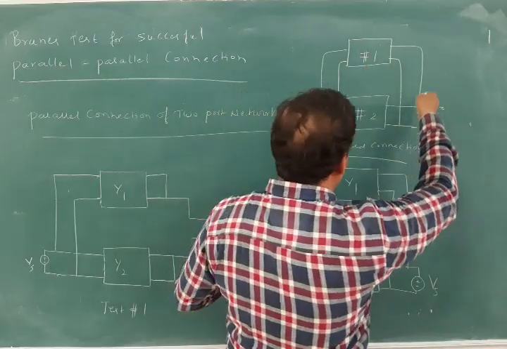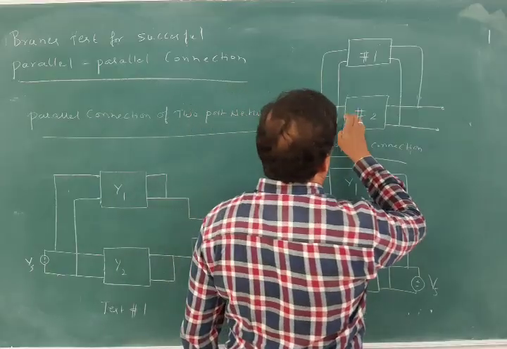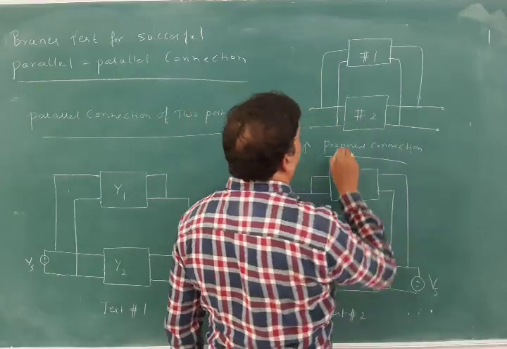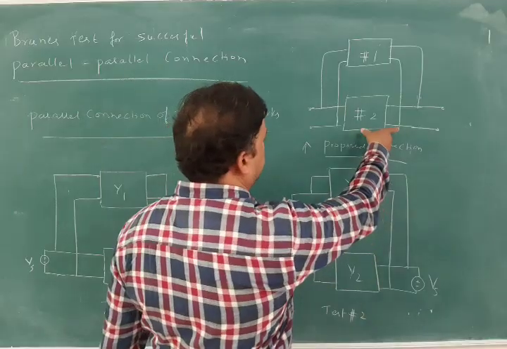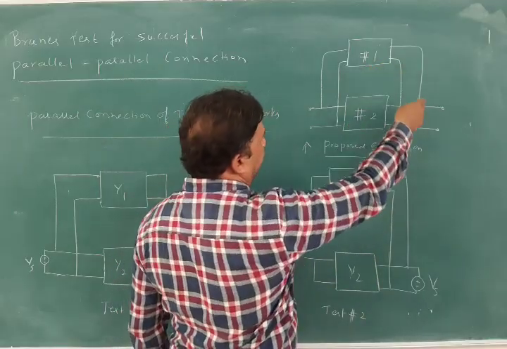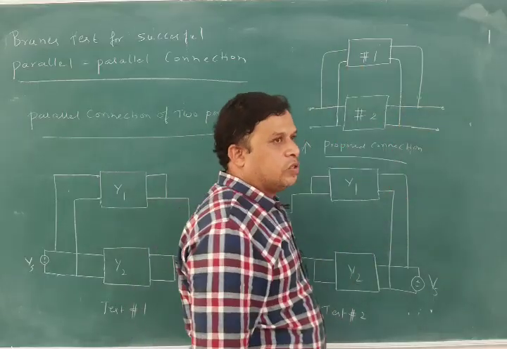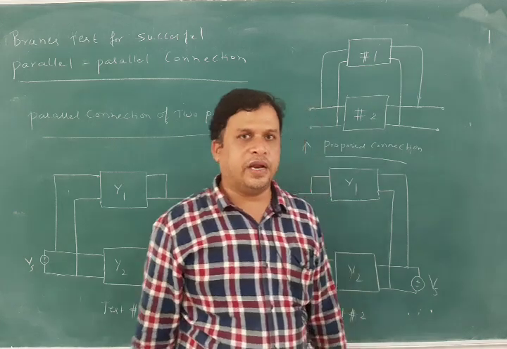You can understand how it is parallelly connected, as this connection shows that the bottom terminal is connected to the bottom terminal, and the top terminal is connected to the top terminal. So we are having that parallel connection of the two port networks.